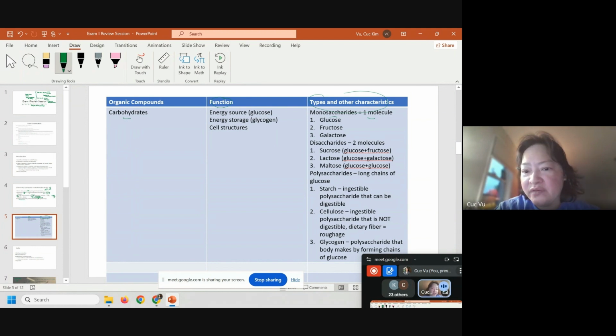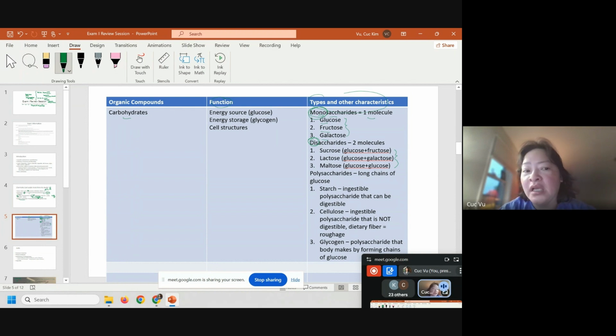So whenever you see glucose, fructose, and galactose, you associate them with monosaccharides, because you can picture these three under monosaccharides. And sucrose, lactose, and maltose you can picture under disaccharides, which could very well be a test question that you encounter.